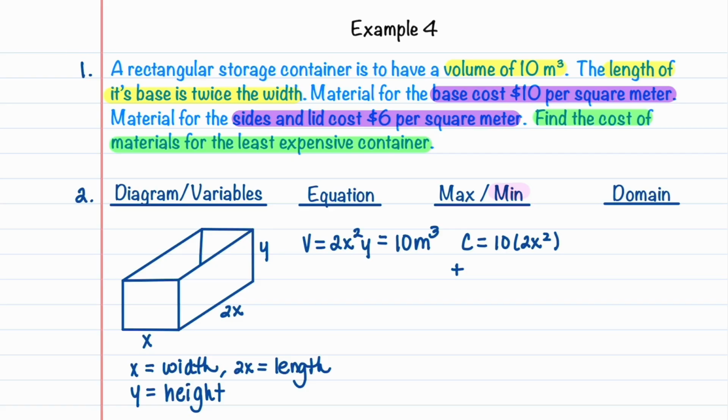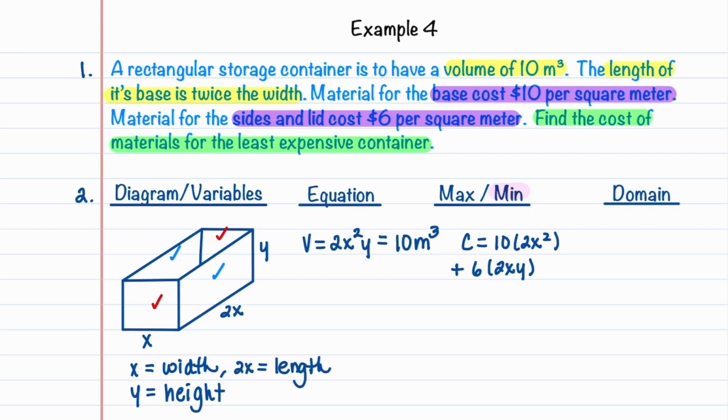And then we're going to add on to that the sides. Let's do the front and the back first. That's this piece and that piece. That is xy, and we have 2 of them. And it is $6, so we have 6 times 2xy. Now let's do the other 2 sides, this side and that side.